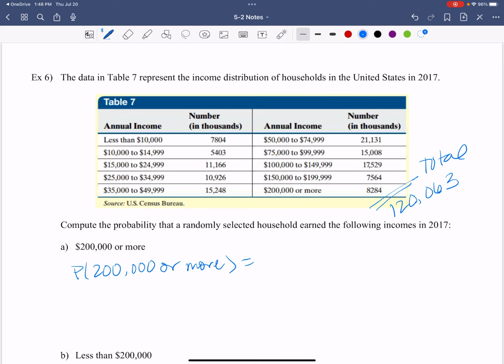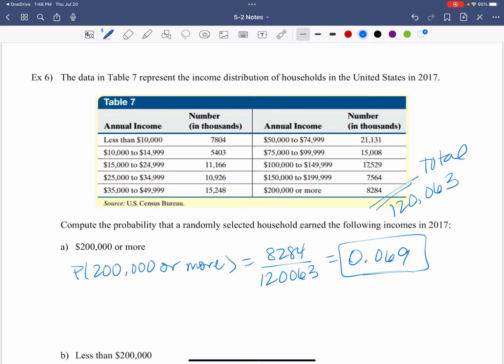So what is it, 8284, divided by our total, which is 120,063. We're going to take this to 3 decimal places again. What do you get? 0.069. Good. So right from the graph, right from the chart, that's information that we get right from there.